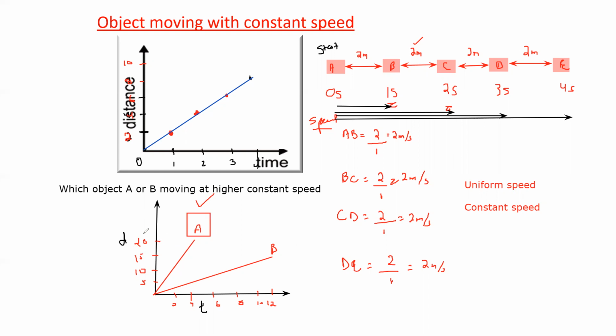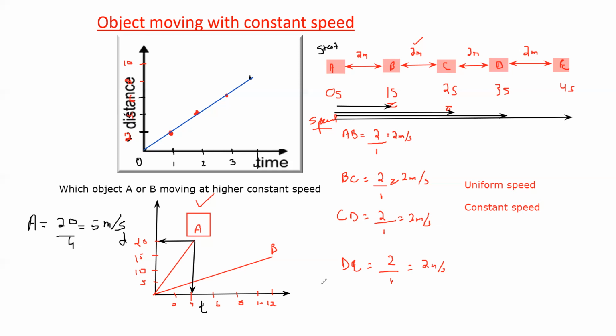A covered 20 meters, and how much time did it take? It took 4 seconds. So for A, the speed is 20 divided by 4, because distance divided by time is equal to speed. So 20 divided by 4 is equal to 5 meters per second.